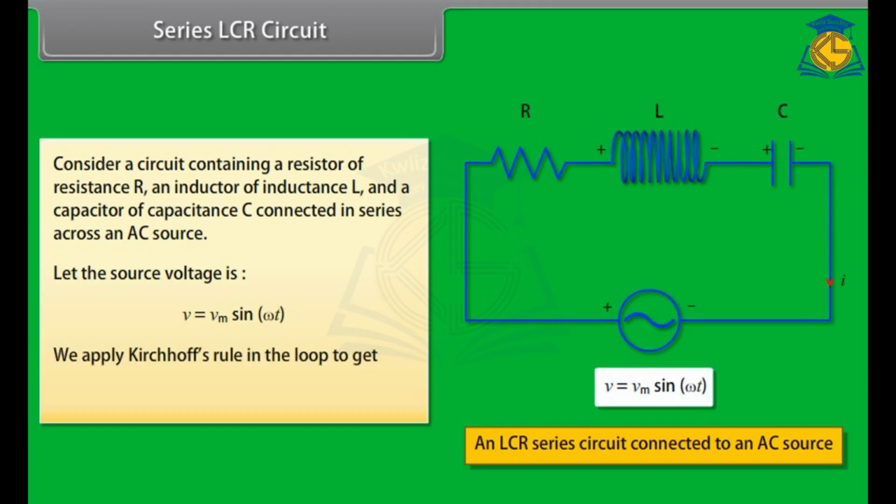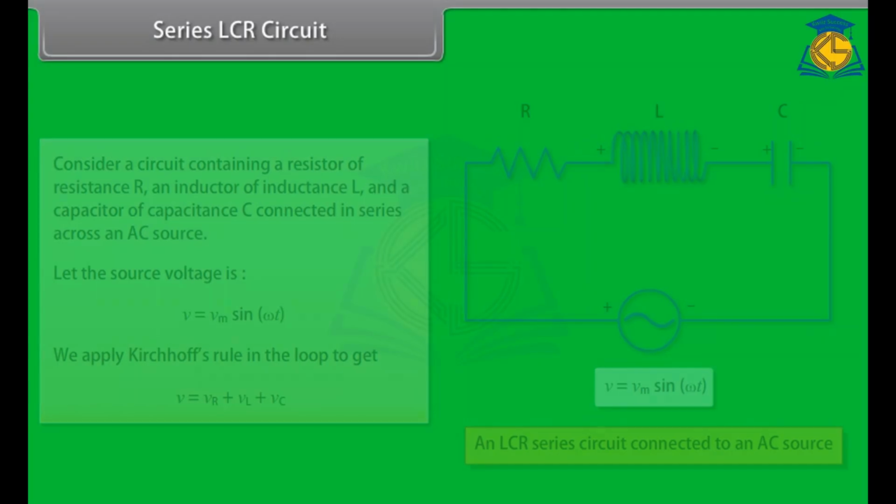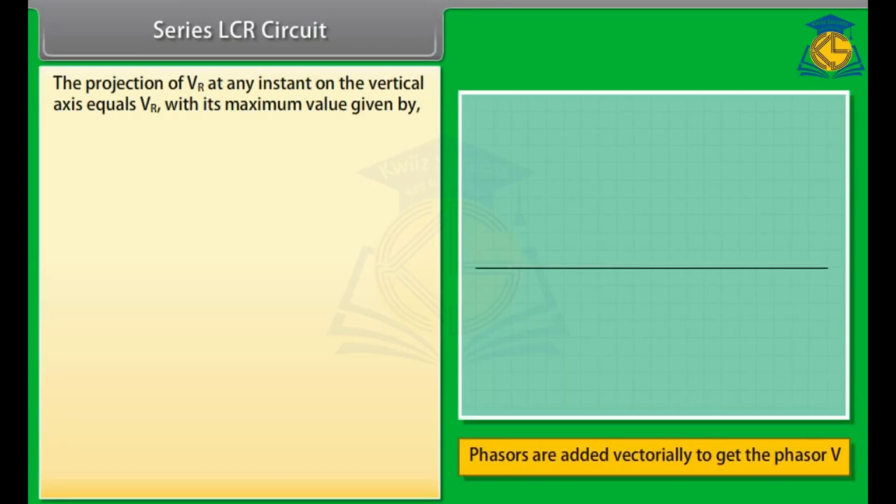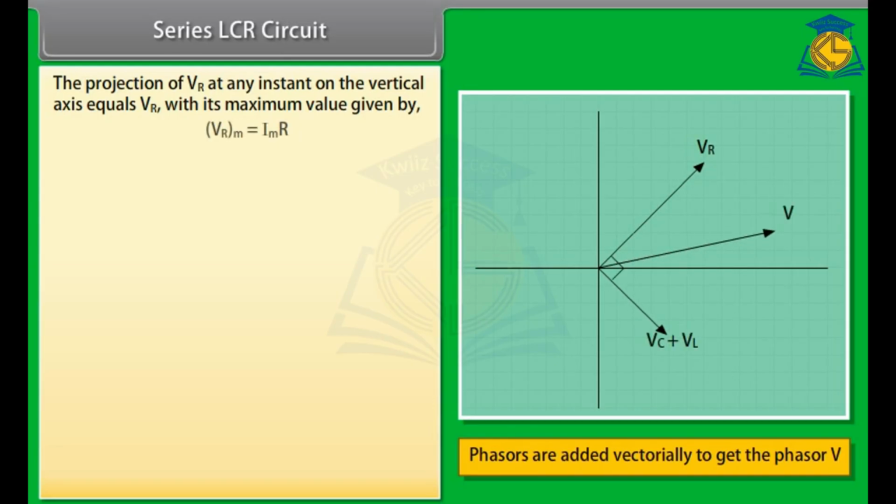We apply Kirchhoff's rule in the loop to get V is equal to VR plus VL plus VC. The projection of VR at any instant on the vertical axis equals VR, with its maximum value given by the product of Im and R.